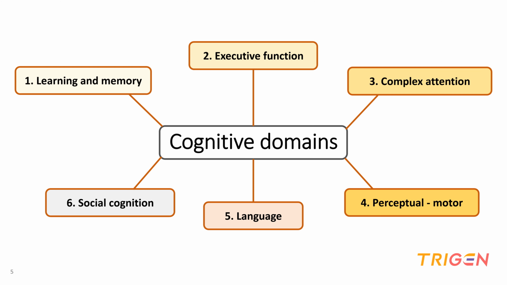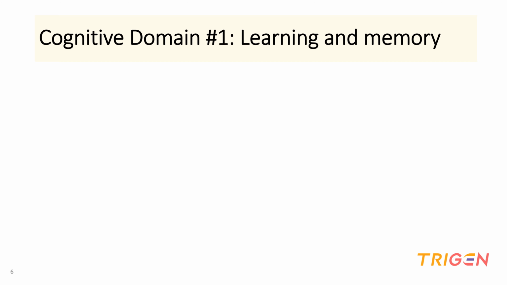Any changes or decline in any of these domains may indicate cognitive impairments and may warrant further investigations. For each domain, I'll be sharing with you some examples of symptoms or observations that relate to that particular domain, and we'll split it into mild and major symptoms.